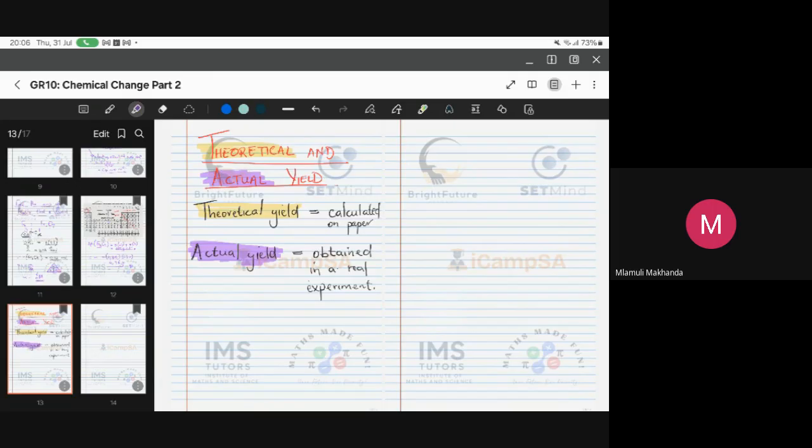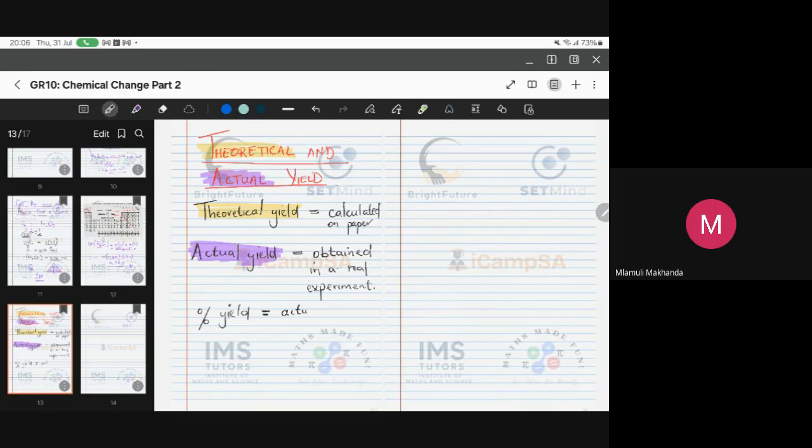So let's do an example as our last part of today's lesson. Before we do that, the percentage is what we now call percentage yield. Percentage yield, therefore, just tells you the difference between what you hoped to get and what you actually got.